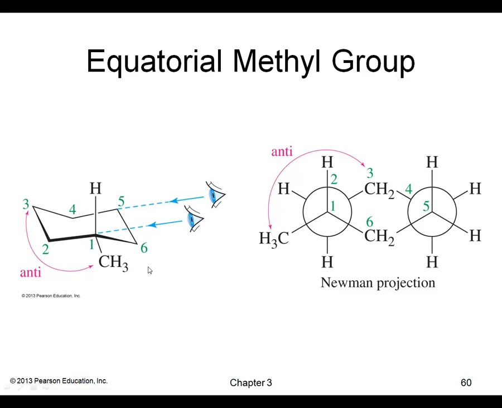But when the CH3 gets ring flipped to the anti or to the equatorial position, note the equatorial gets me away from these CH2s, and so it's a much less energy conformation, much more stable. Okay, again, remember the equatorial position is always the most stable position.